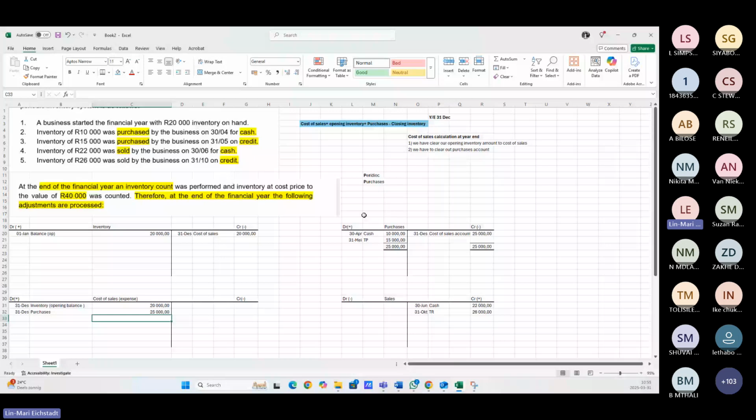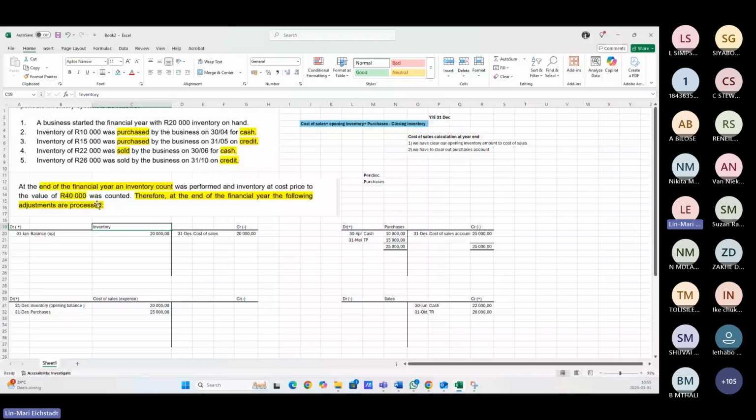But what we also need to do is bring in whatever amount we counted of stock for the end of the year. We also need to take that to our cost of sales account. And we do that in 2 steps. Number 1 is we have to make our inventory account equal to whatever our stock take is. So our financial records need to show what is in our store.